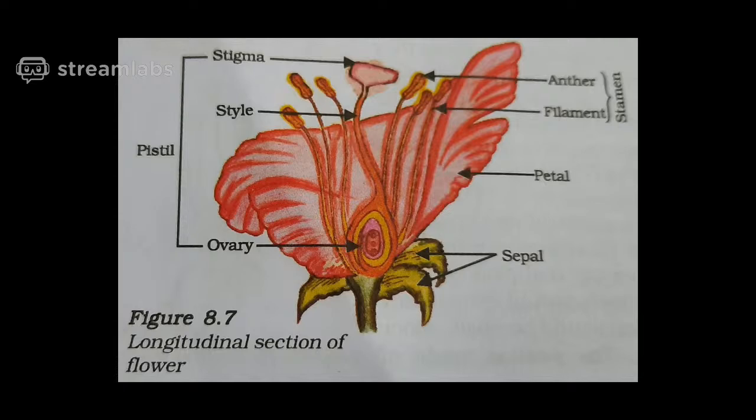The floral parts like sepals, petals, and so on are all connected to the thalamus. These are neatly arranged on the thalamus.